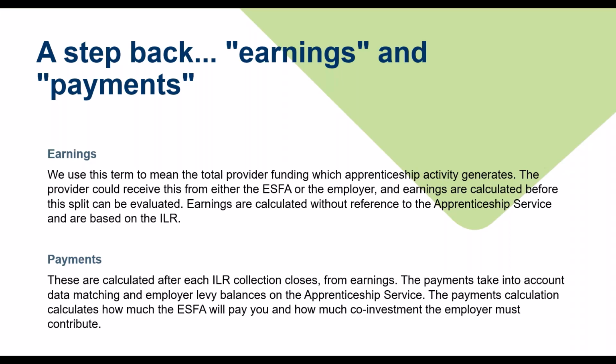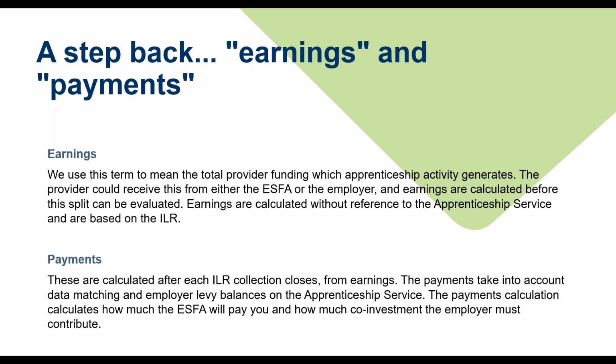So for earnings, we use this term to mean the total provider funding which apprenticeship activity generates. The provider could receive this from either the ESFA or the employer, and earnings are calculated before this split can be evaluated. Earnings are calculated without reference to the Apprenticeship Service and are based on the ILR. So the earnings is the APPS indicative earnings report.